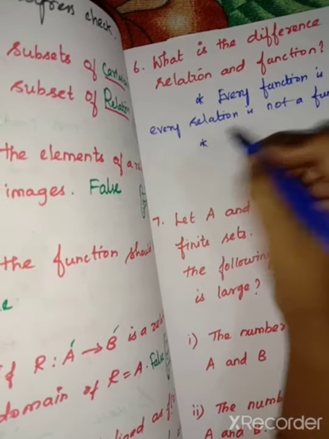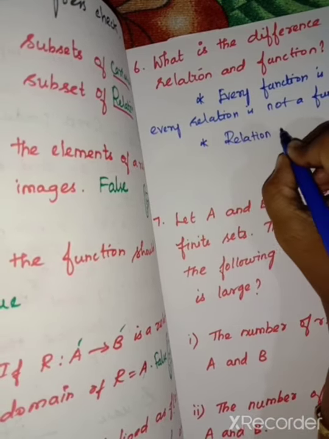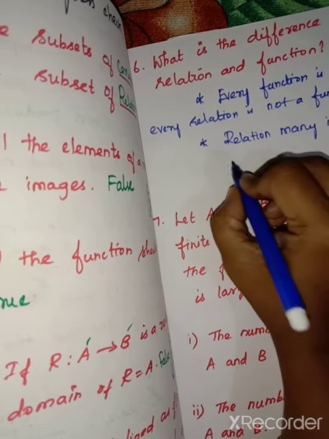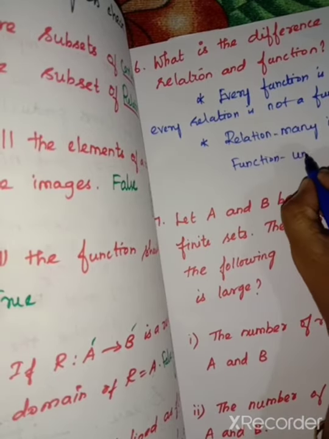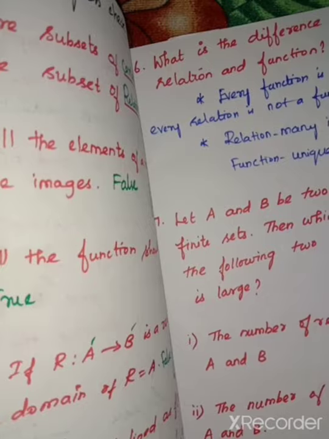Then one more point we can say: a relation can have many images, but a function has a unique image. Unique image means only one image.